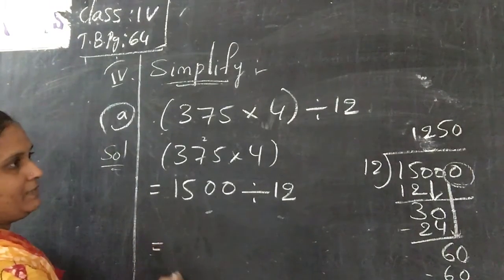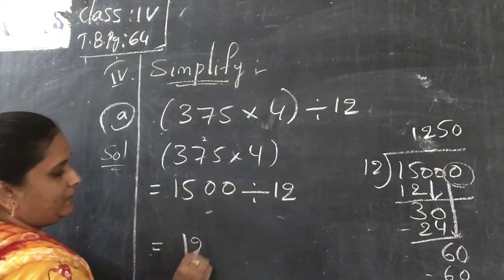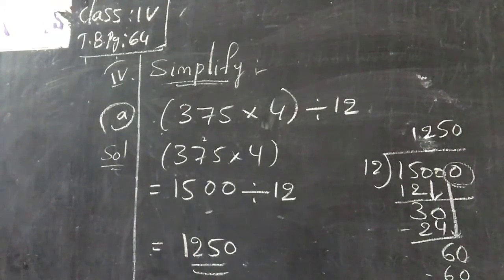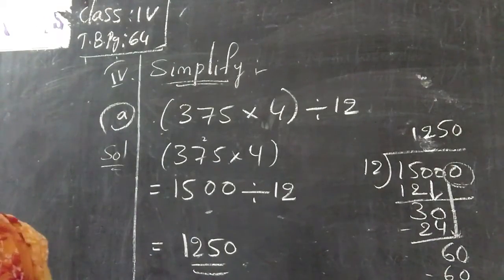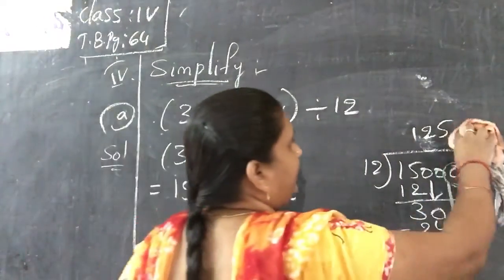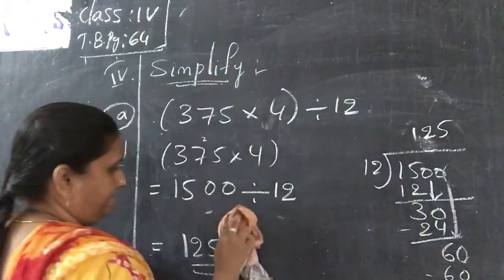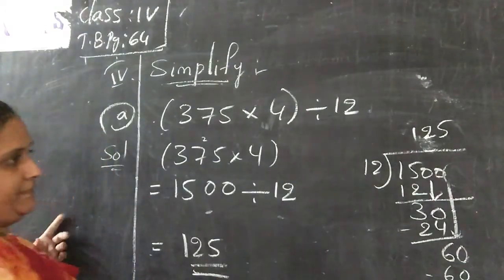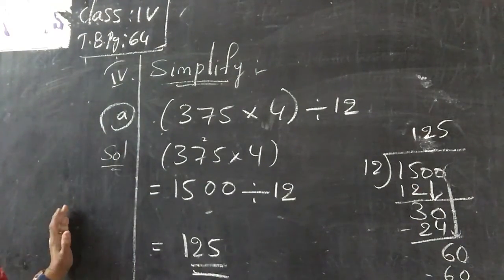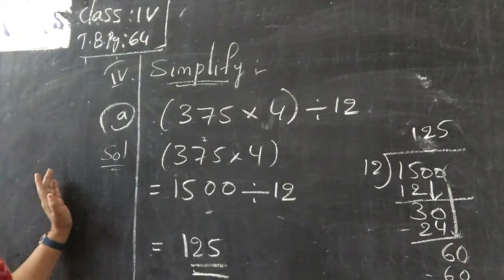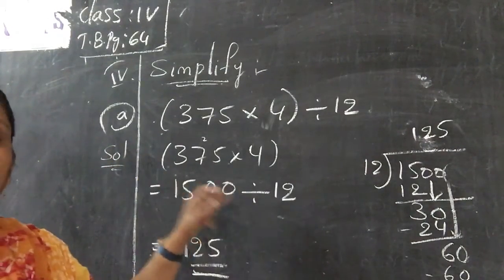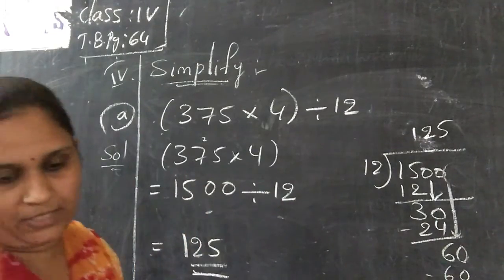And now the answer will be 1250. Sorry children, the answer will be 125. So like this, first you have to do the sum mentioned in the bracket, and after simplifying the bracket, next you have to continue according to the symbol.